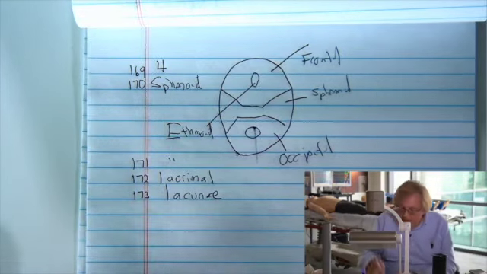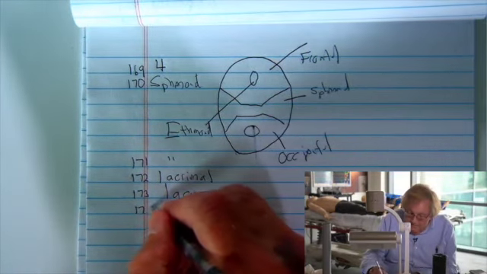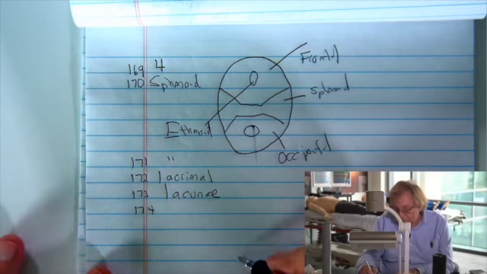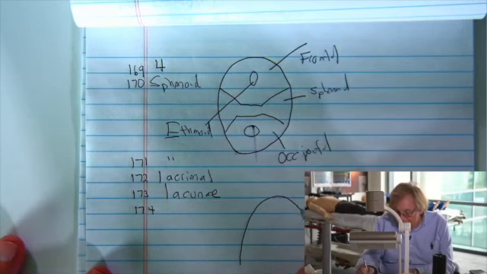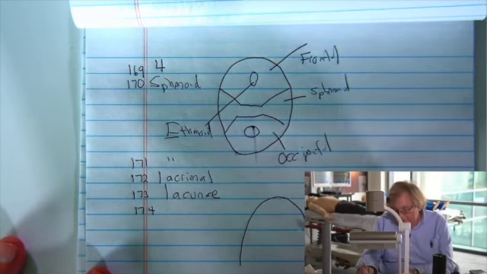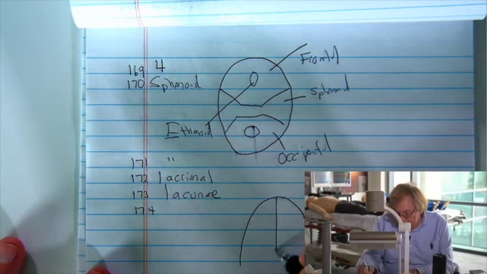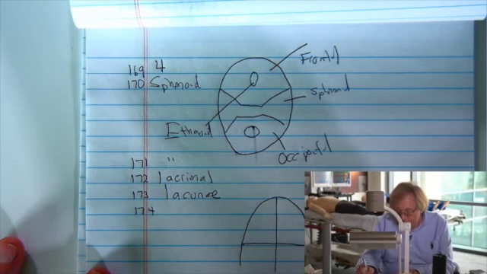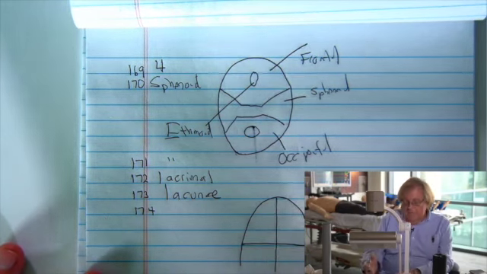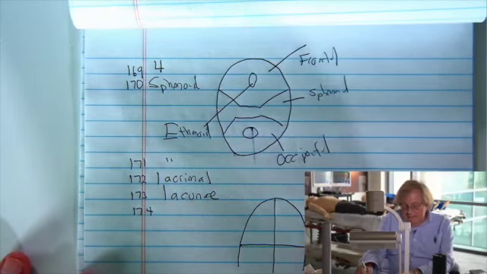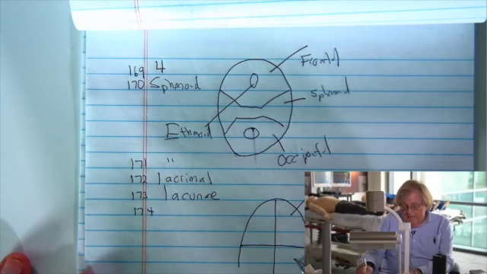Bones making up the hard palate, number 174. Well, if I look at the roof of my mouth, that's the hard palate. If I look at my hard palate, I'm going to literally have 4 bones making it up. Those bones are going to be the bones toward the front and the bones toward the back.